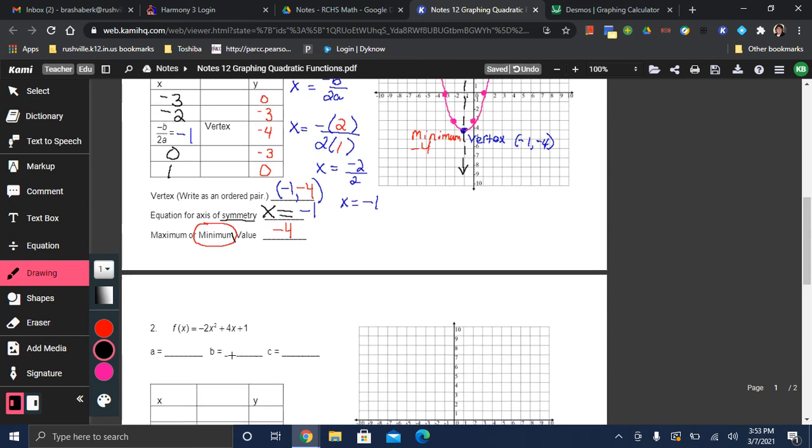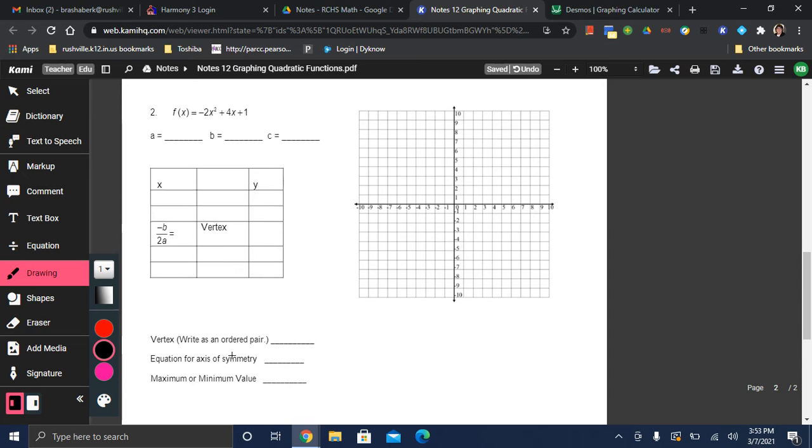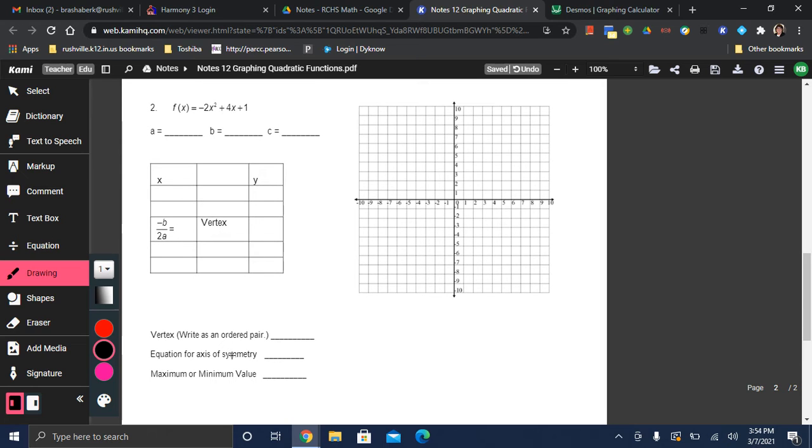Let's take a look at a second example. On your second example, you have f of x equals -2x squared plus 4x plus 1. So the a is -2, the b is 4, the c value is 1.